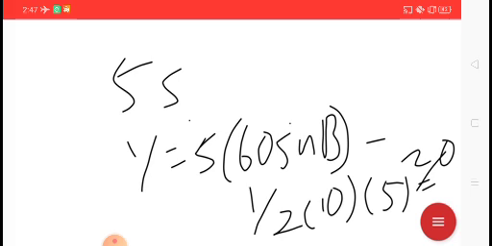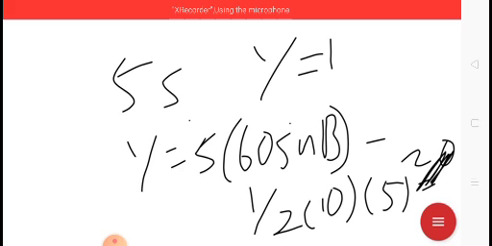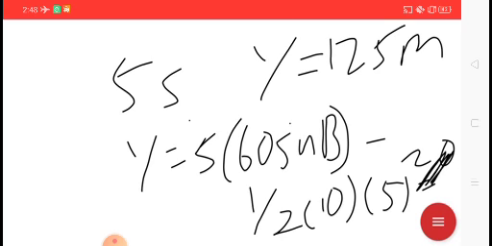Sorry, no need to put 0 here. You just put this into the equation, changing the t and putting in the 56.4, and you should be able to find the maximum height y is 125 meters.